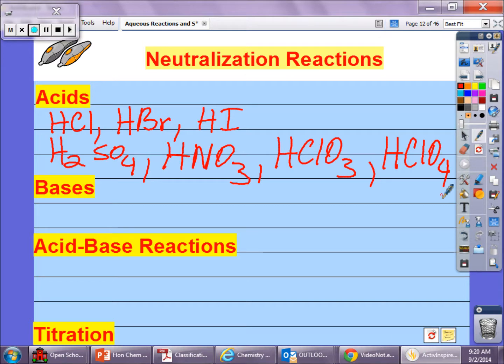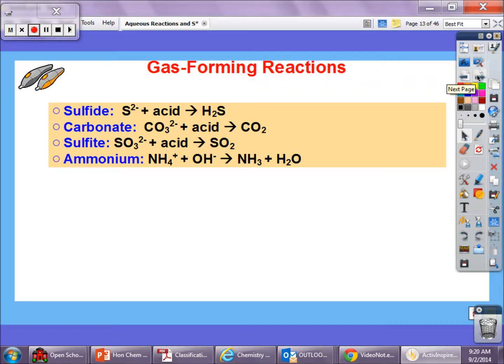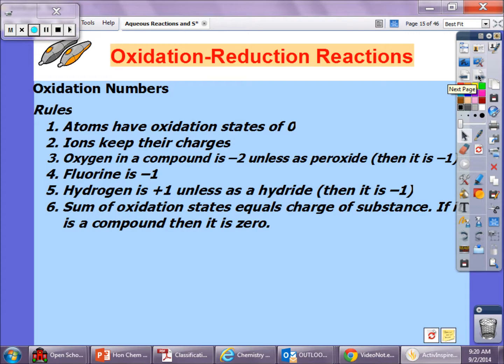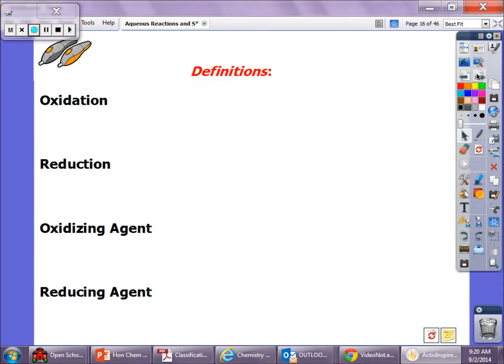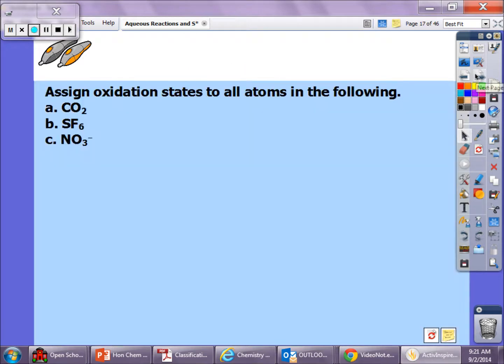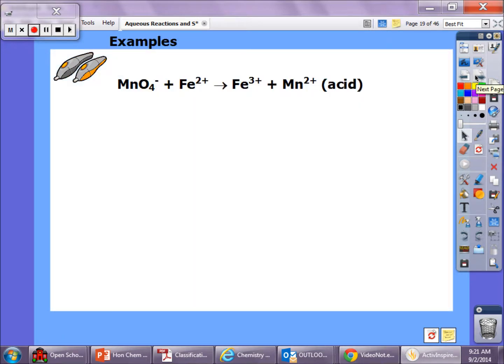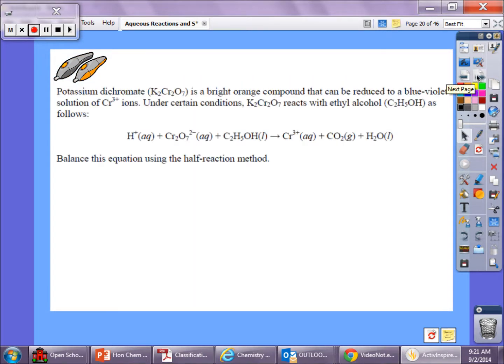Let me repeat: the strong bases are the hydroxides of group 1 and the heavy metals of group 2. We ask you to take notes on that page. Reaction with water, and then we stop at oxidation and reduction, balancing oxidation reduction using half reactions. We gave you the steps, and that's where we stop.